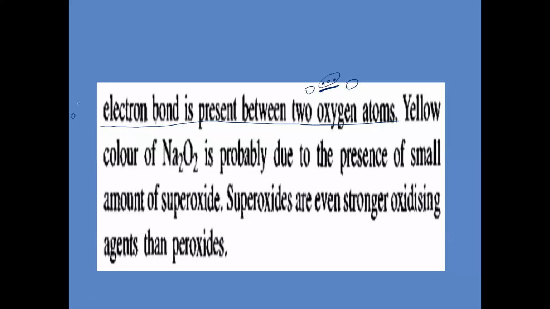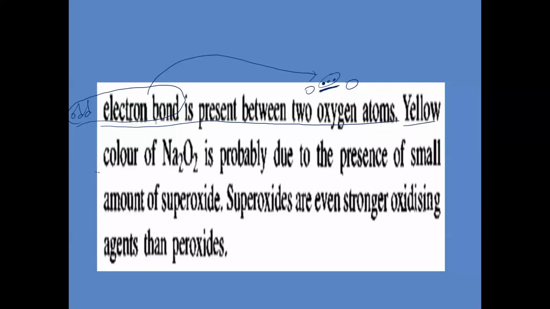So this is the odd electron bond. Due to this odd electron bond, one electron is unpaired here. These two are paired, one electron unpaired. This unpaired electron will make the superoxides paramagnetic and also colored, due to the odd electron present between two oxygen atoms in superoxides.